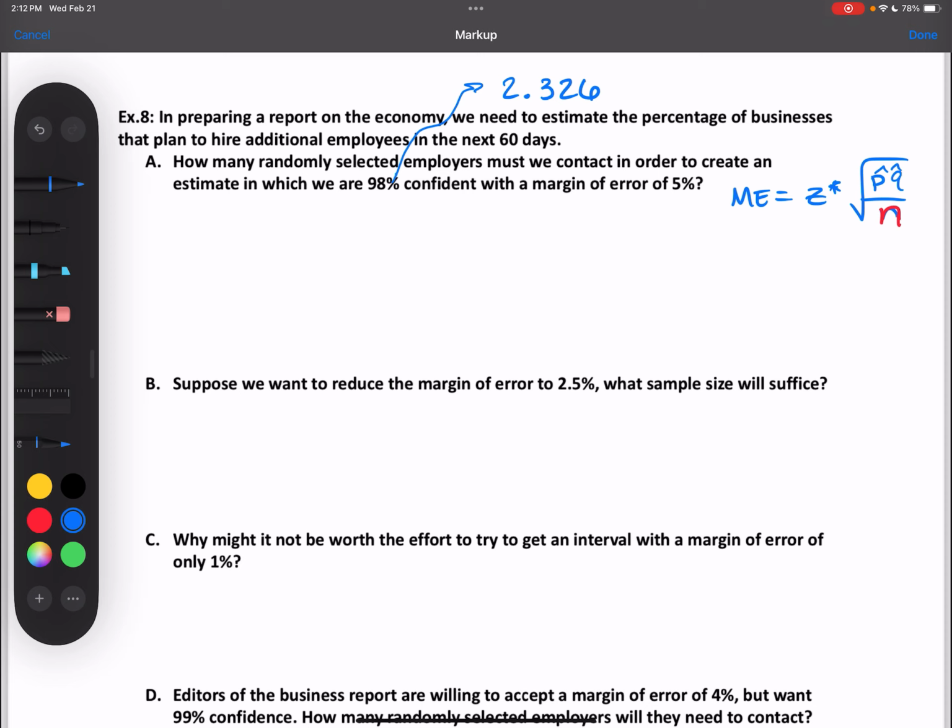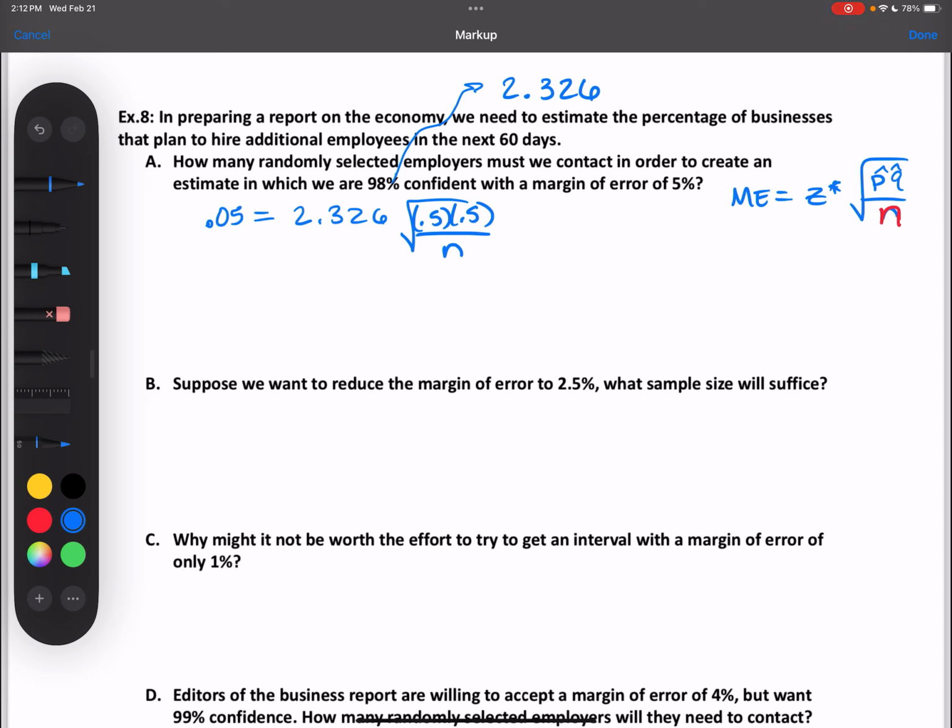Margin of error is 5%, so that's going to be 0.05. I'm going to do it with numbers this time instead of the letters. It is equal to the z star for 98% confidence, which is 2.326, times the square root of p hat q hat. Now, did they give that to me? No, so we're going to assume they're both 0.5, since it wasn't given. So 0.5 for both divided by n. So I'm going to divide 0.05 by 2.326.